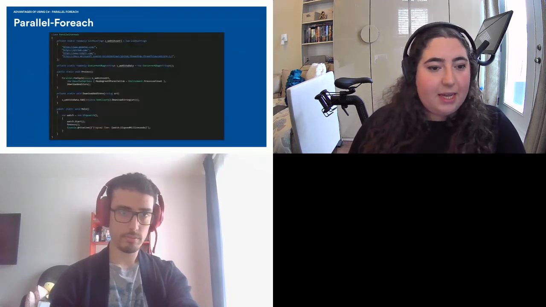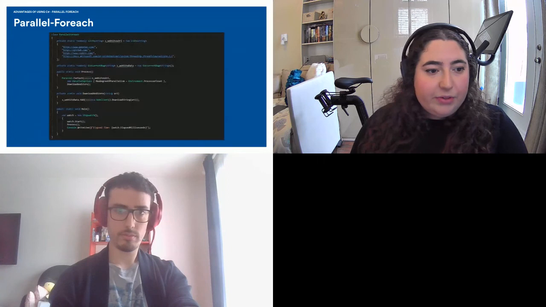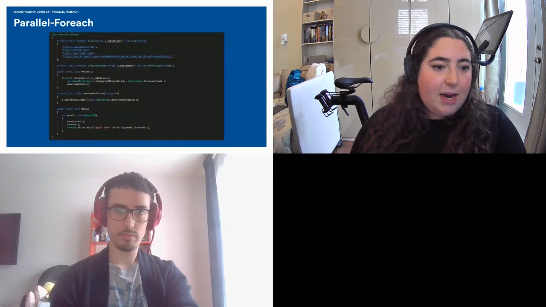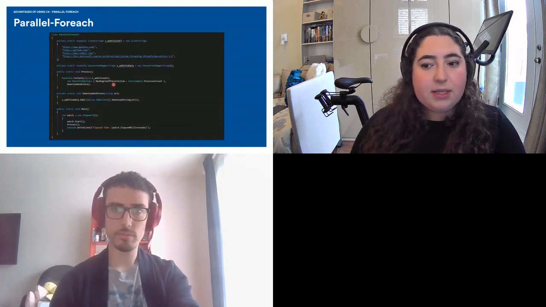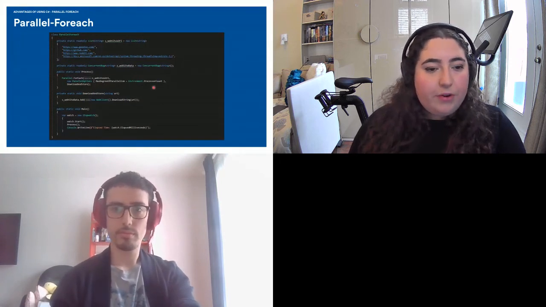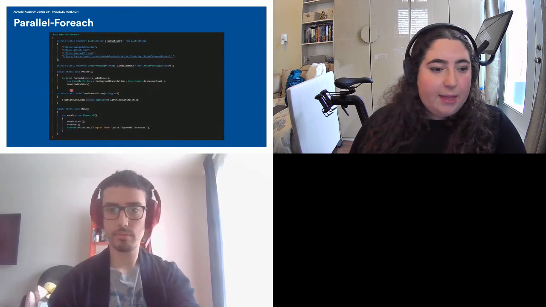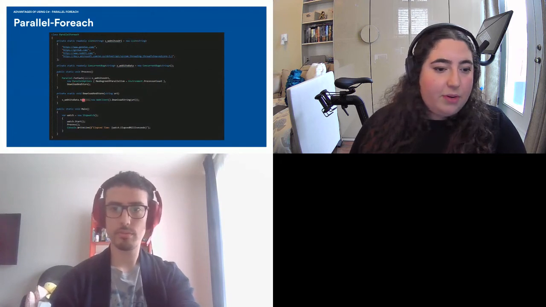So here's an example of what a parallel foreach loop looks like in the code. Over here, we have our parallel foreach, and our source is this list of website URIs. Now over here, we're setting our parallel options, and it's really important to set the max degree of parallelism because you don't want to use up all of your computer's resources. And then here, we're downloading and storing.